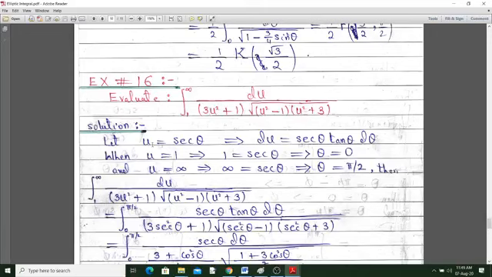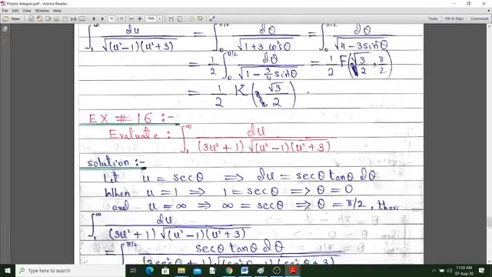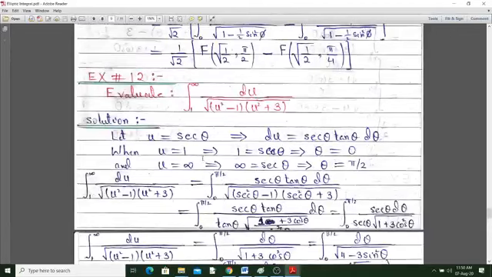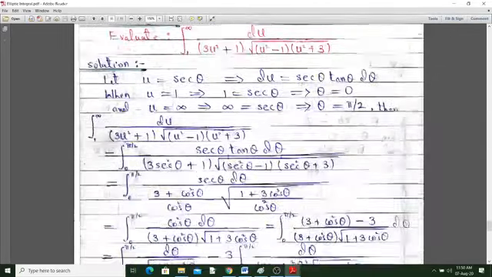So let u be equal to the second transformation, secant theta, du is equal to secant theta tan theta, and when u is equal to 1, secant theta is equal to 1, which gives theta equal to 0, and when u is equal to infinity, theta is equal to pi by 2. This is the same transformation that we used in the last example, number 12.